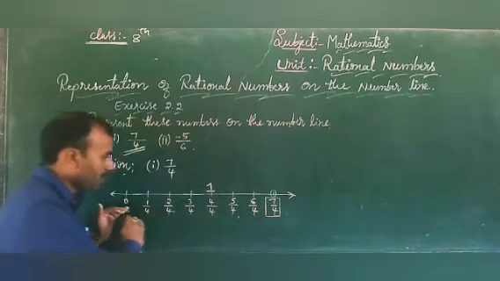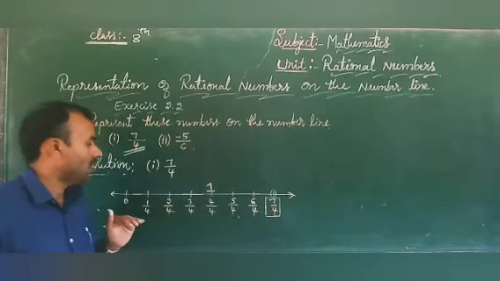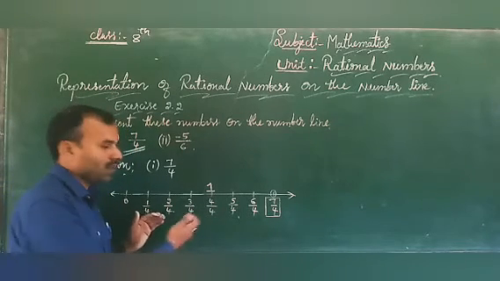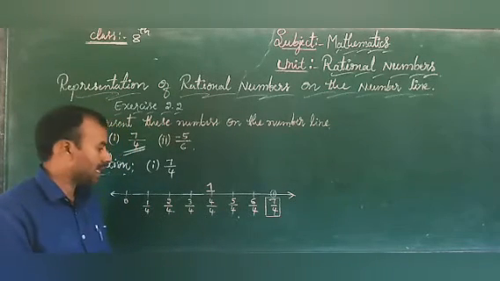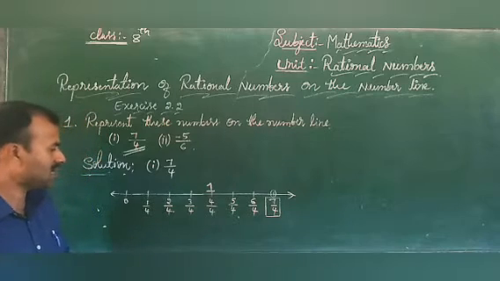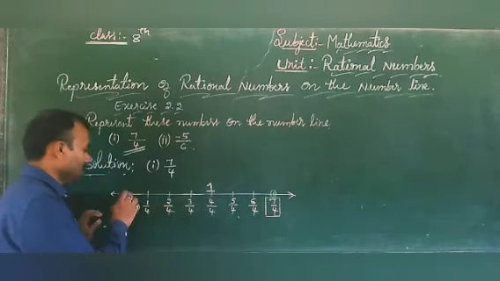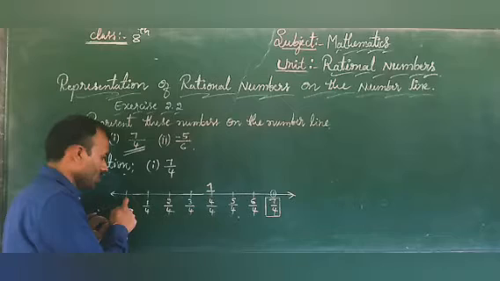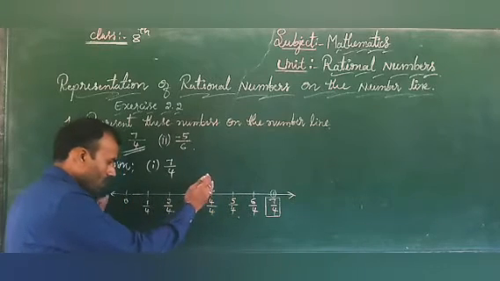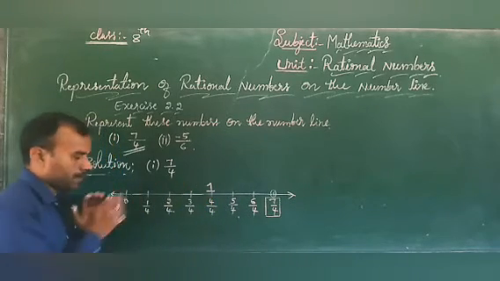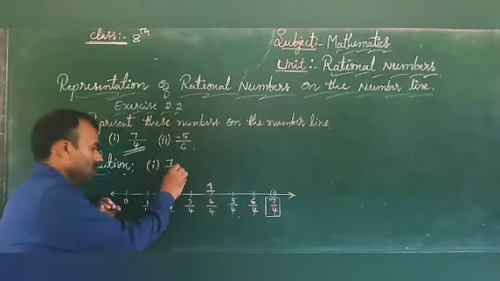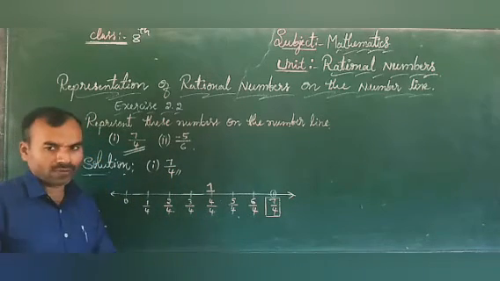I have already drawn a number line. In that, just observe 0 to 1. Only observe 0 to 1. After that we discuss 7 by 4.